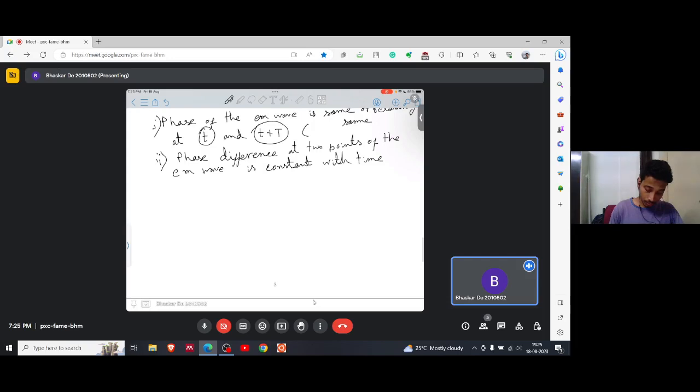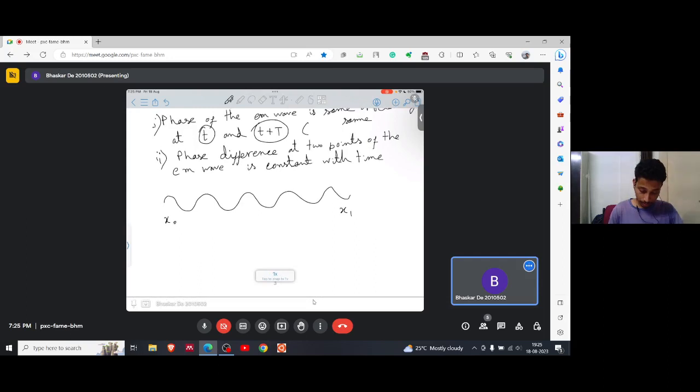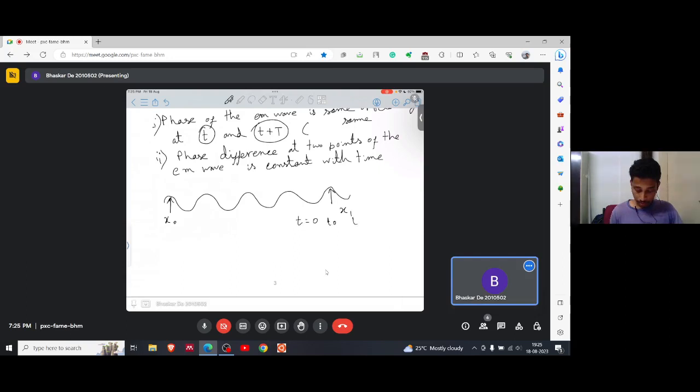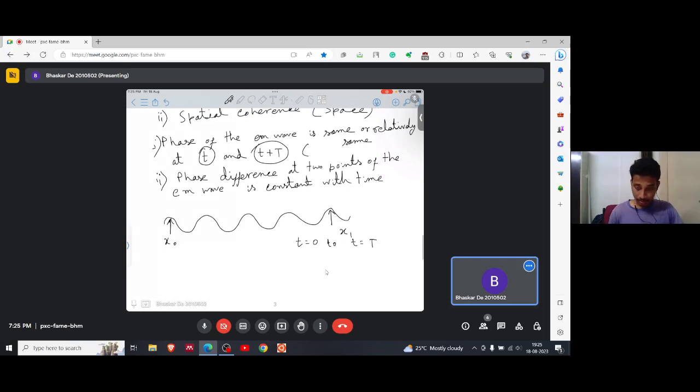So an EM wave is traveling from x0 to x1, and there is the phase here and the phase here. The phase difference between these two points is constant over time. It is constant over t equal to 0 to t equal to capital T, and this is the spatial coherence.